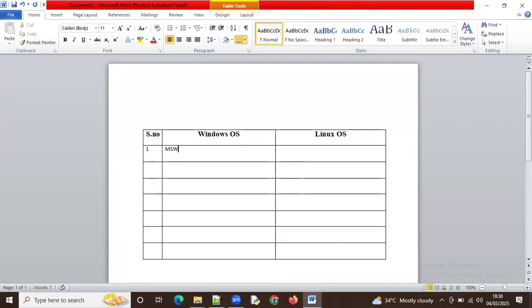Wait a second, right? So it is a GUI operating system. GUI, graphical user interface. And Linux was introduced as both a CLI and GUI operating system.